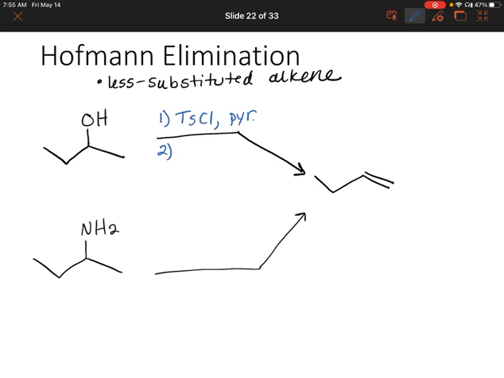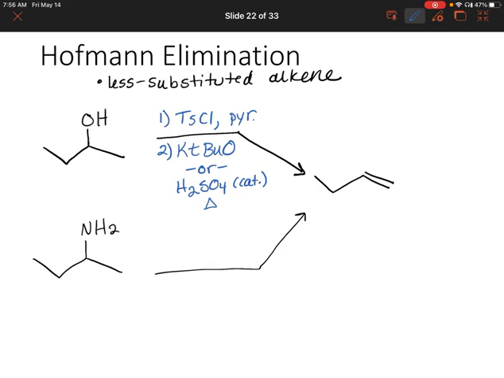A large base, because then we'll form the less substituted alkene. Because the bigger the base, the harder it is for it to take a proton in the middle of the molecule. So we could use something like potassium tert-butoxide or DBN or DBU. Or you could also just use an acid like sulfuric acid, which would be catalytic, and then also add in heat. So either way.